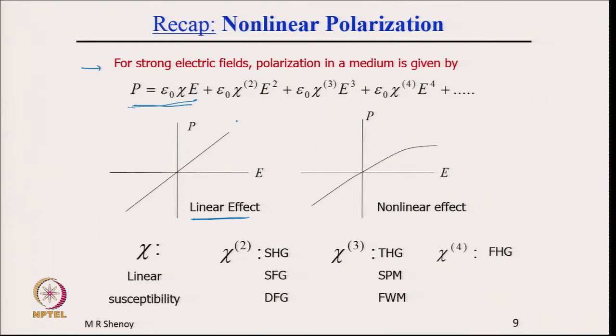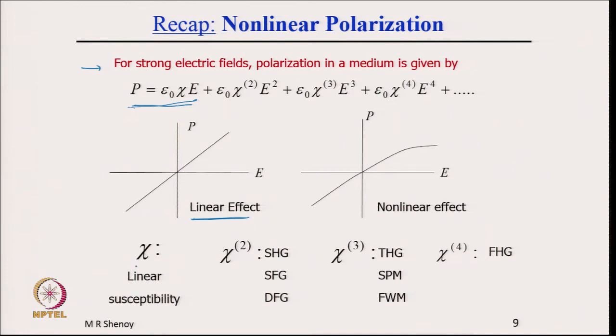It is just a schematic illustration which tells that the relation between P and E becomes nonlinear if you consider the higher order terms, which becomes significant when the strength of the electric field becomes sufficiently large.